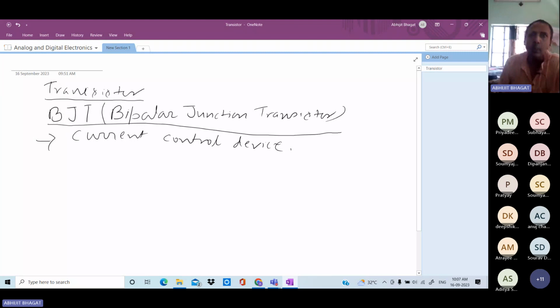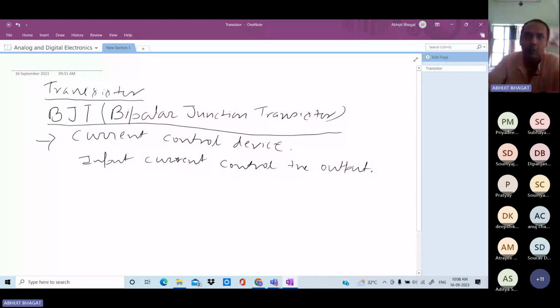Now what is the meaning of current control device? Here in case of BJT, your input current controls the output. Okay, so it is called current control device.